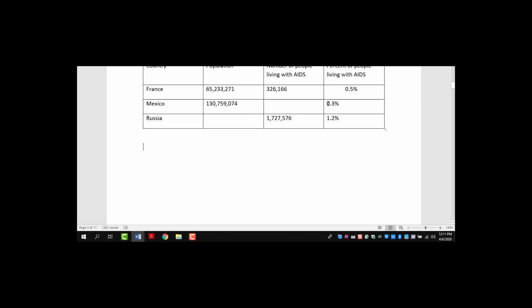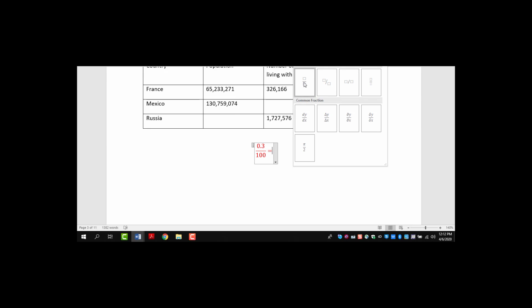That's an important thing. So immediately we can put down this. Part to whole equals part to whole again, right?